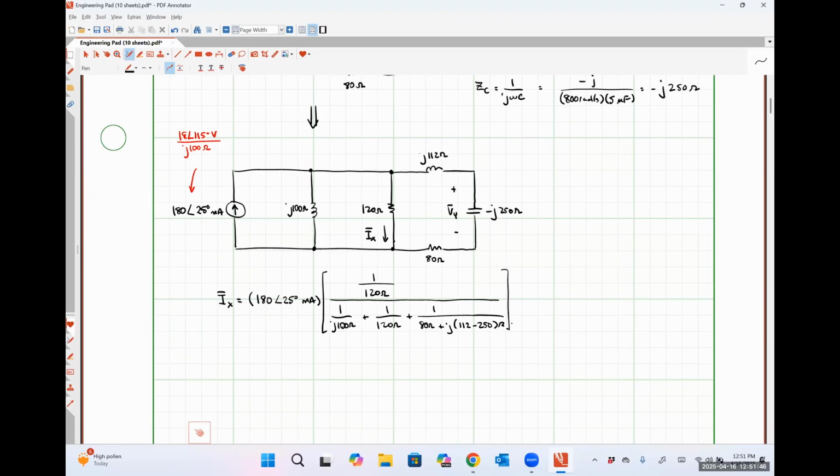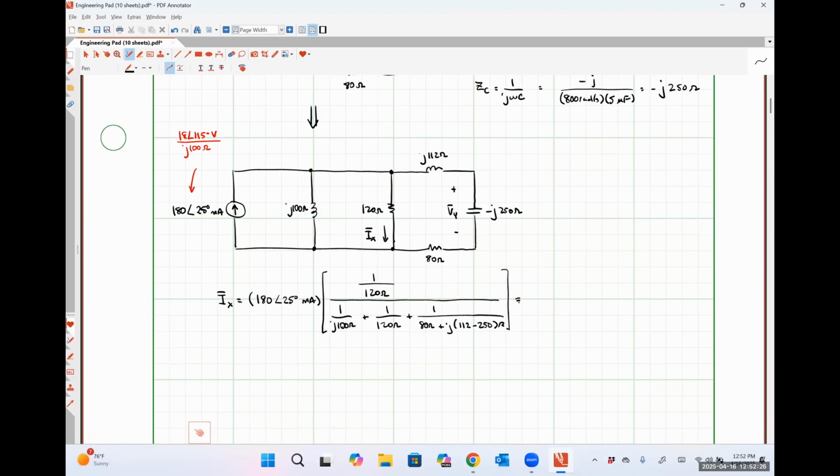Okay. So I'm going to take a moment here and throw this into my calculator. So 1 over 120, 1 over j100 plus 1 over 120 plus 1 over 80 plus j112 minus j250.